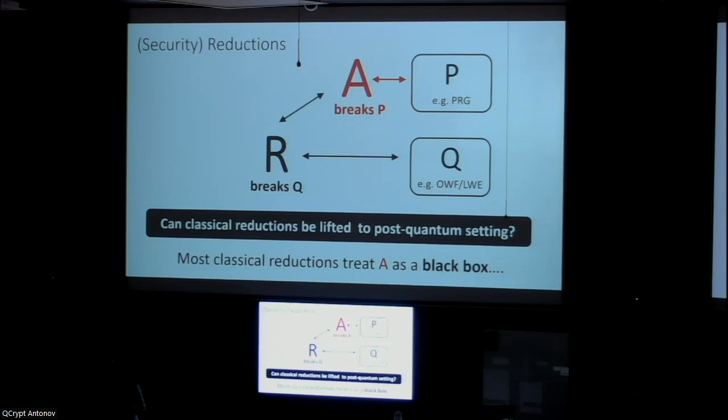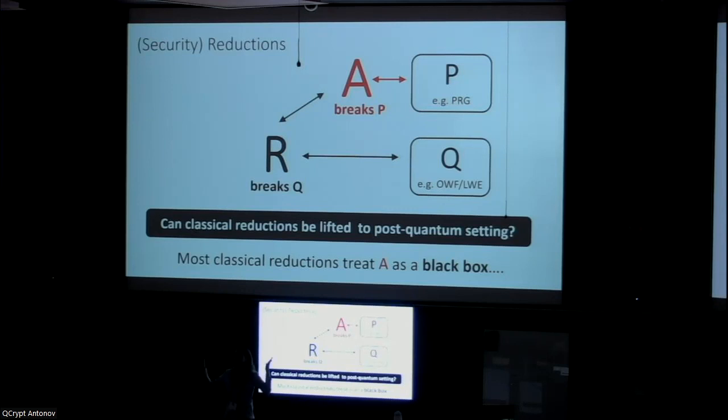Yeah? Are we supposed to think of the reduction querying the adversary as a quantum machine? No, very good. Great question. So the question was, should we think of the reduction as querying the adversary as a quantum machine? No. Think about it, this was done classically. The proof was given before we knew about quantum, before we were worried about quantum adversaries. So let's look at all the classical cryptography before quantum came along.